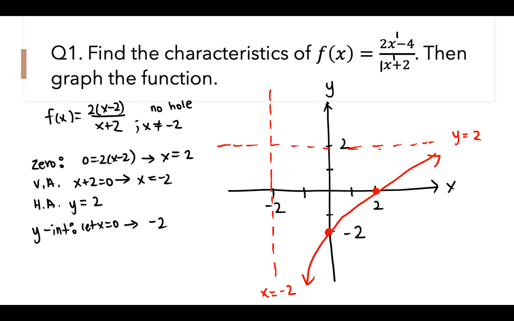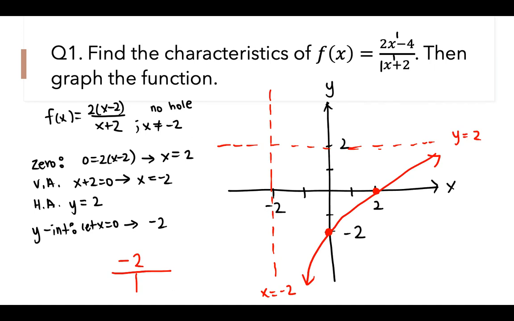Now, what about on this side? Well, how do you know? You have to make a number chart. The number chart involves the x value from the denominator, which is at -2. Let's take a number before -2, for example -3.